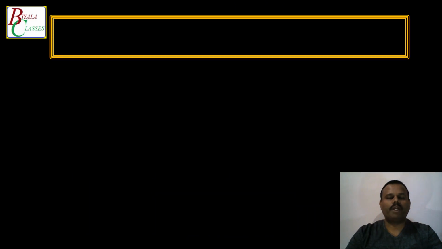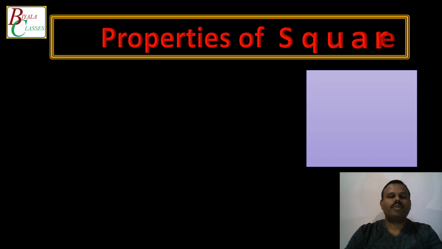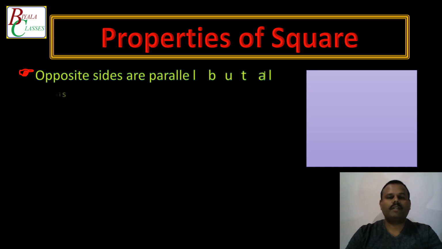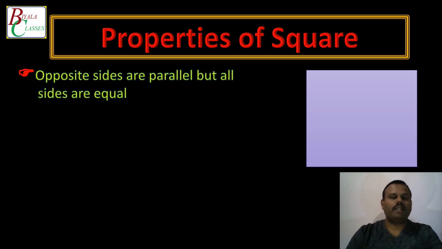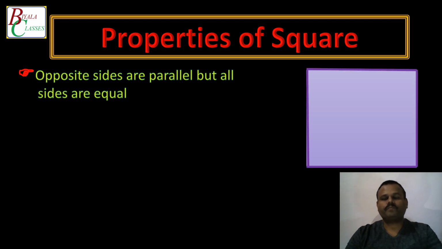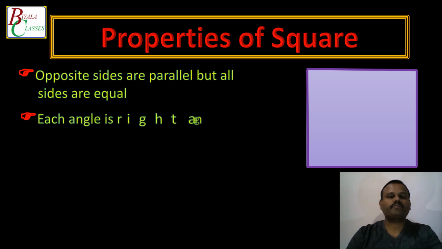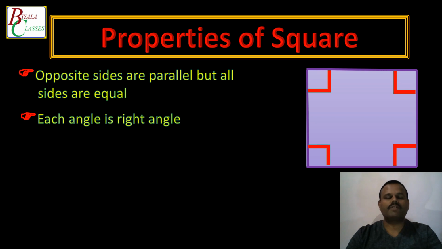About the properties of the square. Regarding the properties, the first one: opposite sides are parallel, but all the sides are equal. Not only are opposite sides parallel, but they are equal also. And the same property belongs to the rhombus. Next, each angle is a right angle. All the four angles of the square are right angles.